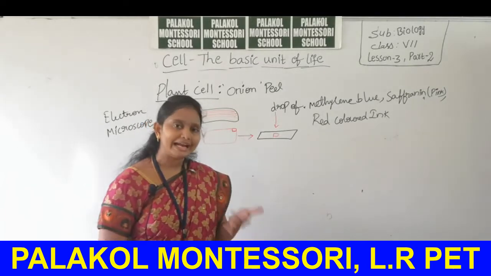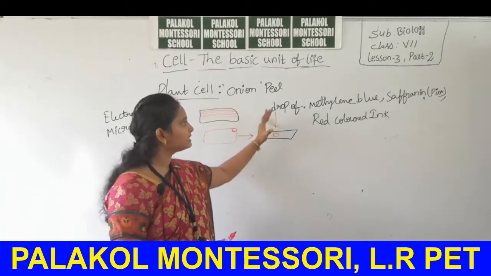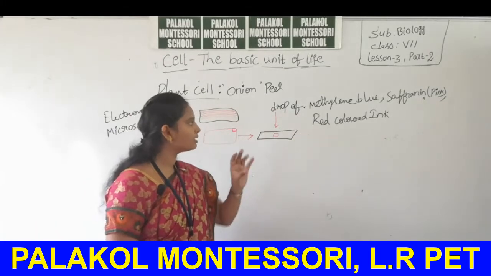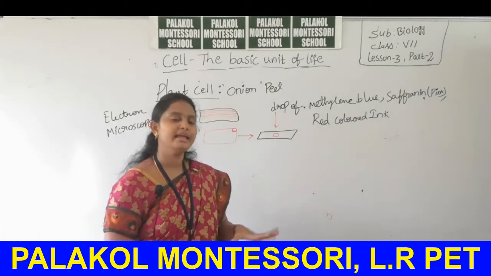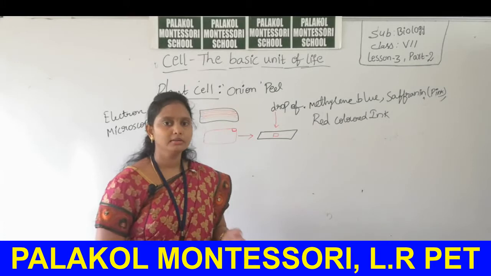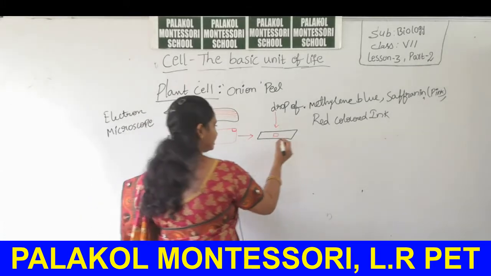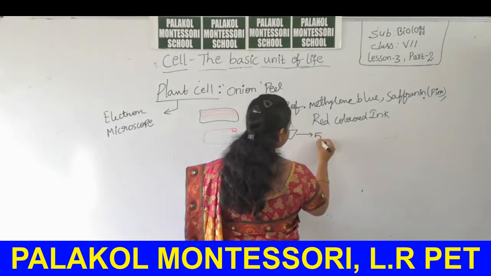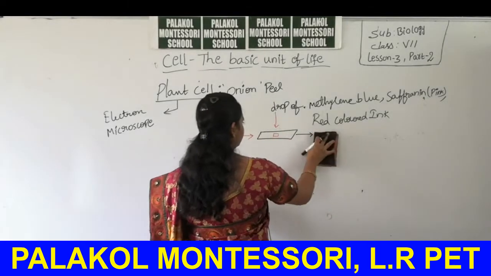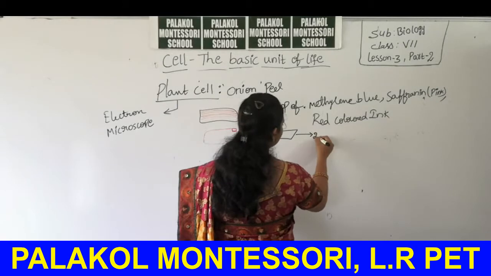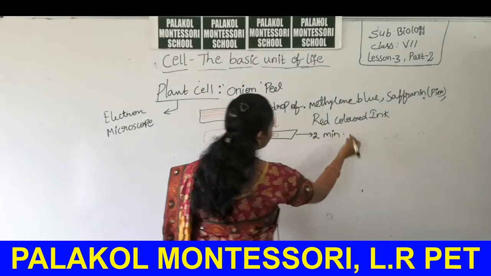So what will you observe later? After addition of this drop of methylene blue or safranin or red colored ink, anything as you wish, you just leave it for 2 minutes. 2 minutes is enough.